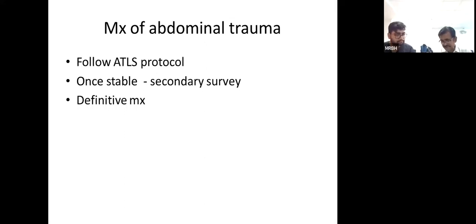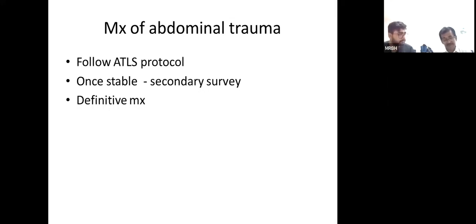Once you have done this, another important history one should not miss, apart from asking about pain and others. What else is important, particularly if I say you don't know the patient? It's an unknown patient. So he might be diabetic. He might be hypertensive.